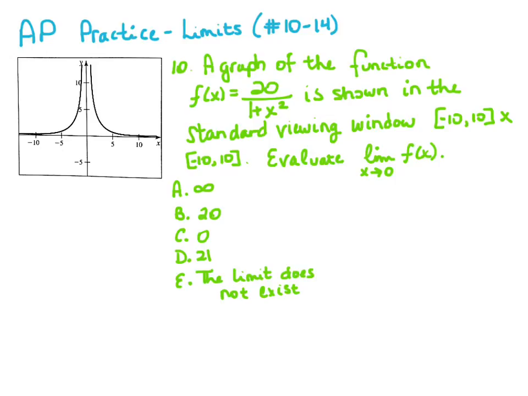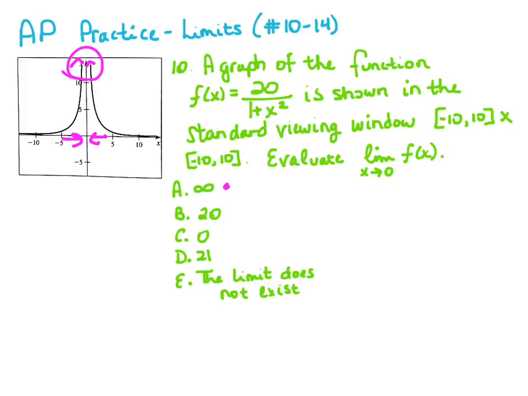This is a little bit of a tricky question. If you look at the graph as x is approaching 0, it looks like we have a vertical asymptote here, and that our function is going to infinity on both sides. And so answer A here, infinity, it is tempting.